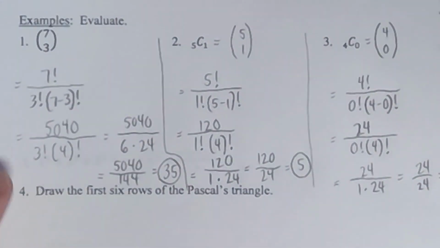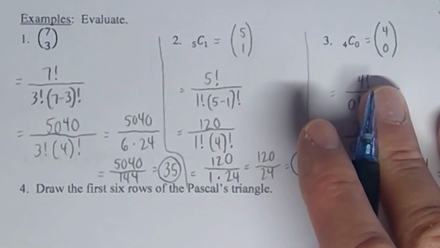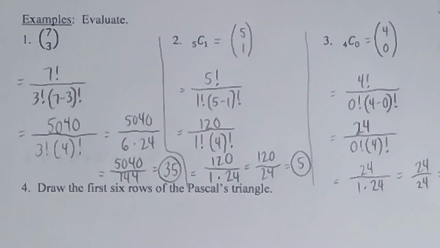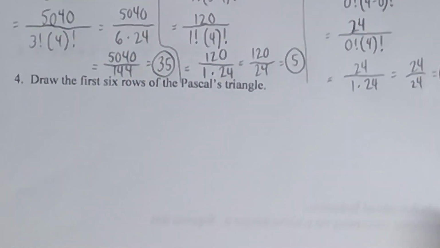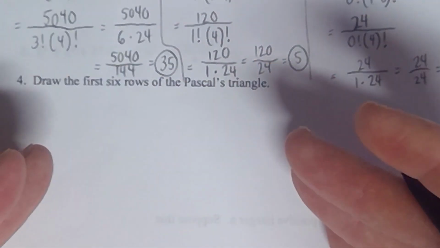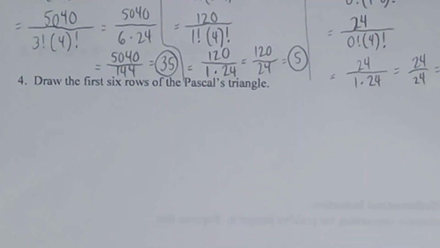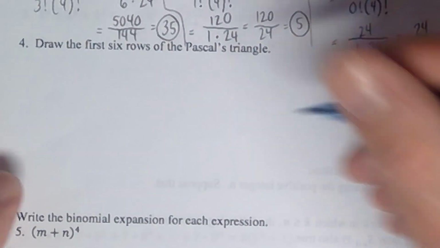Okay, because these skinny brackets are going to have an indirect effect on the binomial theorem problems, and so the Pascal's triangle is really going to help us with this. Let me show you how to do the Pascal's triangle.